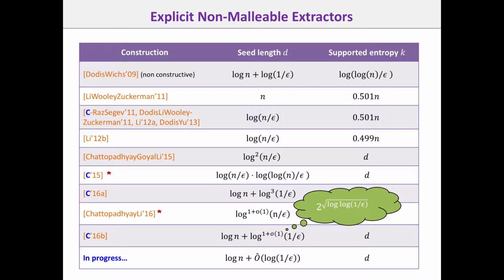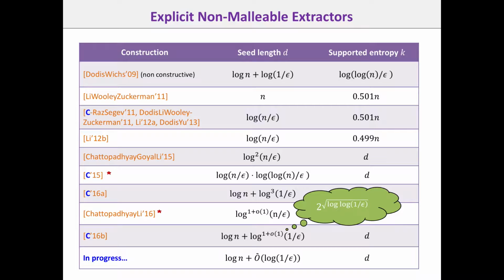Now, explicit constructions were harder to obtain, so we worked a lot. And at this point, we have almost optimal constructions. These two works were done kind of simultaneously and have roughly the same results. I'll just talk about both of them the same. This is a work of Ishan and Shin, and this is some of mine. So we are able to get almost the right seed length. The supported entropy is the seed length.